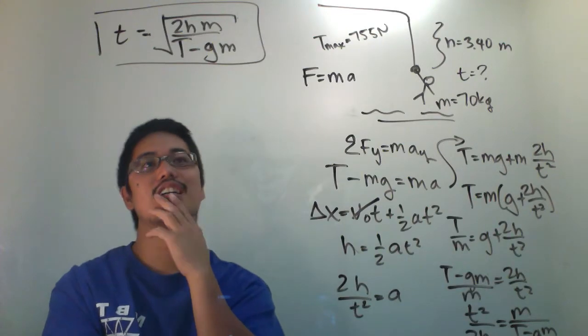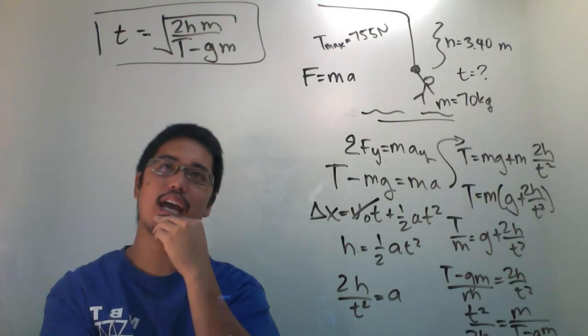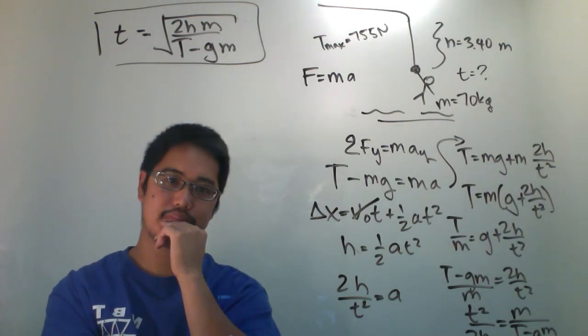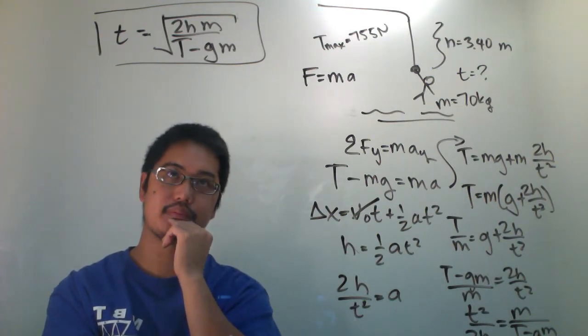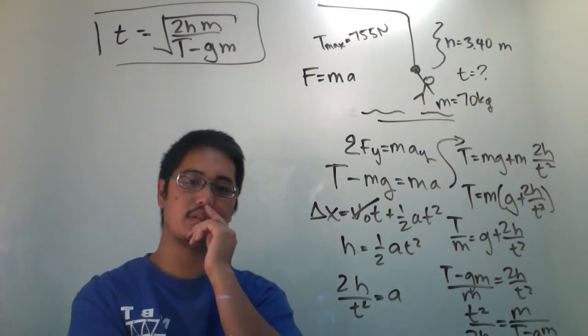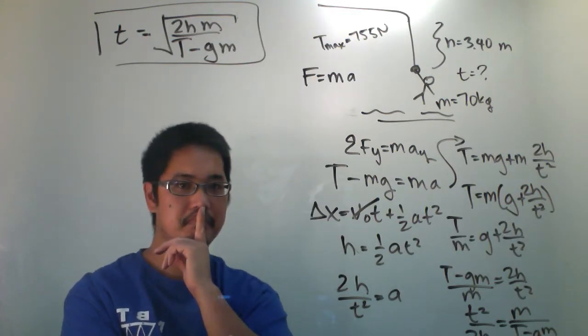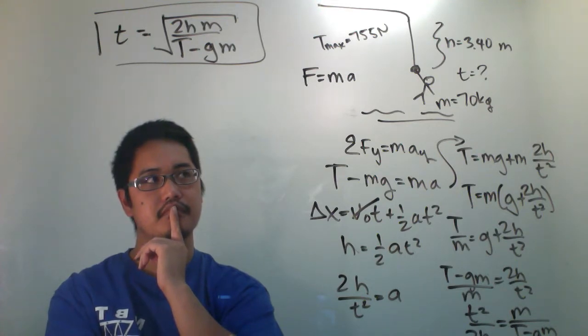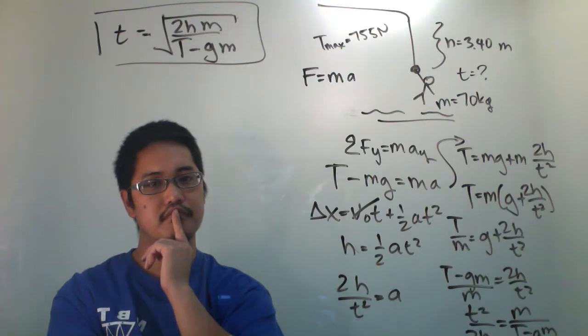What about G? If G gets bigger, what happens to the time? This one's a little weird. Well, I guess if G gets bigger, wouldn't it take longer to take him out?